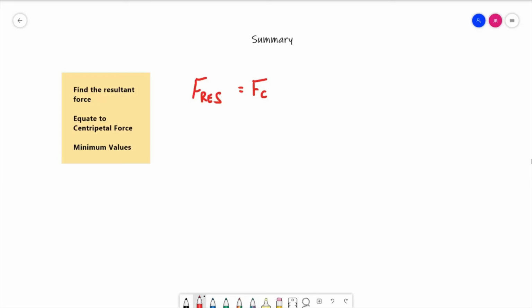We also looked at the minimum values. The minimum value for velocity in order to stay in circular motion, if we're moving in a vertical circle, is the square root of gr, and for omega the minimum value is the square root of g over r.